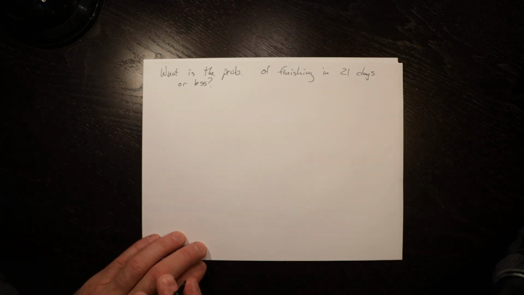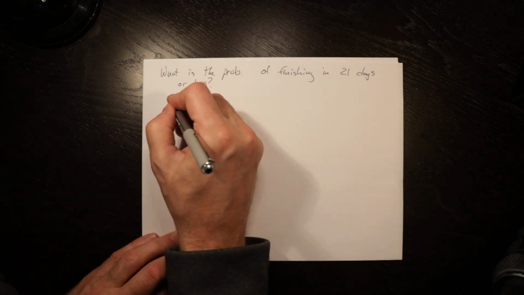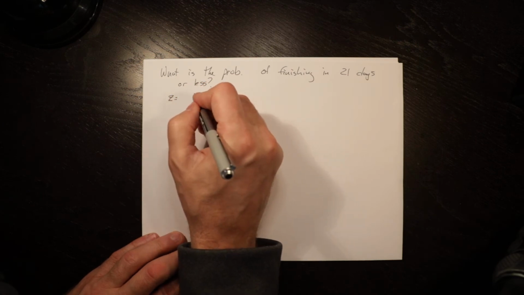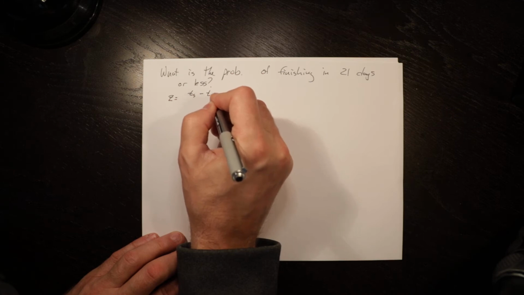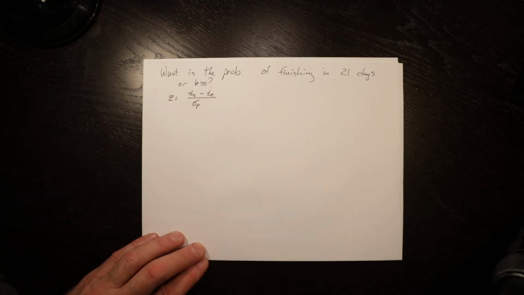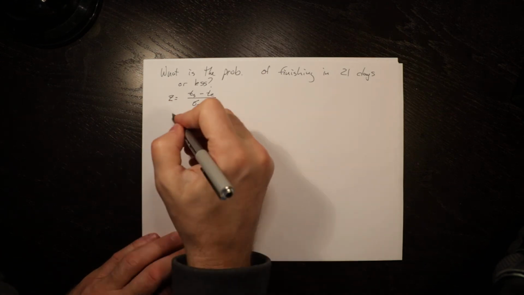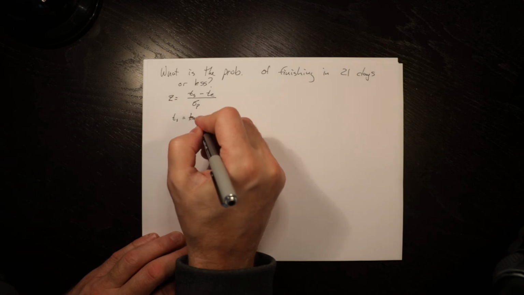To do that, we need to calculate a Z value, and the Z value is equal to target time minus expected time over the standard deviation of the project. So TS is target time.